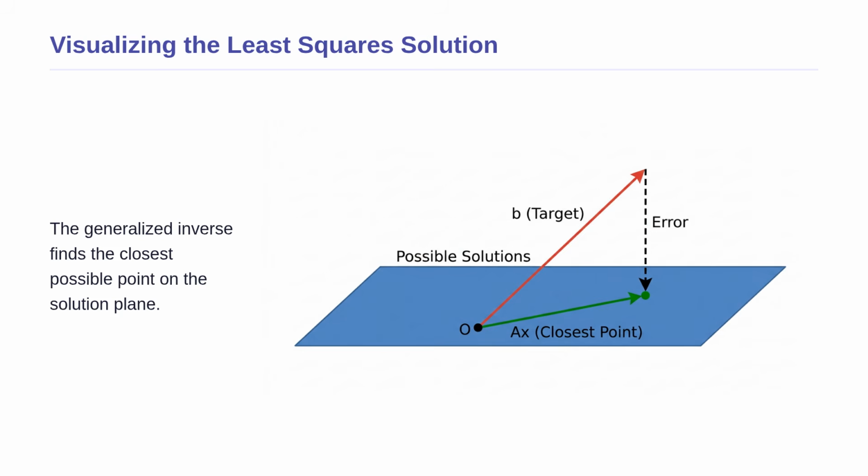The generalized inverse solves this by dropping a perpendicular line straight down from the target to the plane. That dashed line is our error, and by dropping straight down at a 90-degree angle, it finds the green vector, the absolute closest possible point on the plane. This visually proves how it minimizes the error distance.